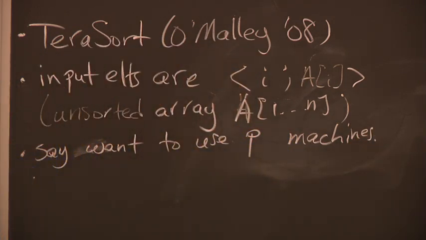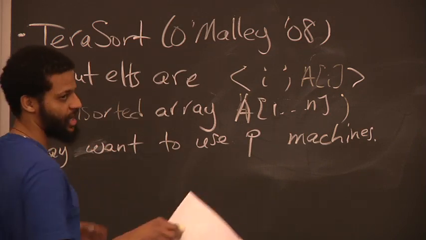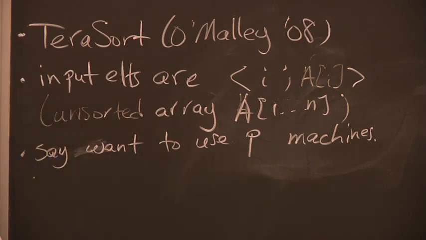What we'd like to do is divide the n elements into P groups of equal size: the smallest n over P elements, the next smallest n over P elements, etc. Then we send the smallest n over P elements to machine 1, the second smallest to machine 2, etc. Each one sorts their elements locally, and then we concatenate all the sorted pieces at the end. That's what we're trying to do.